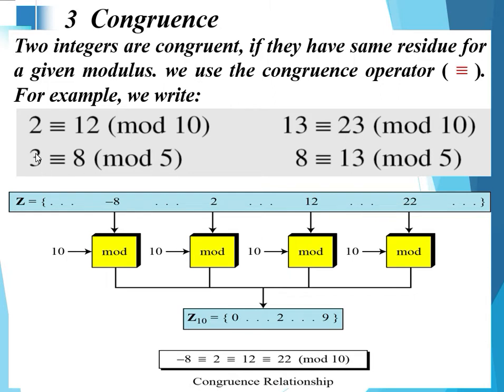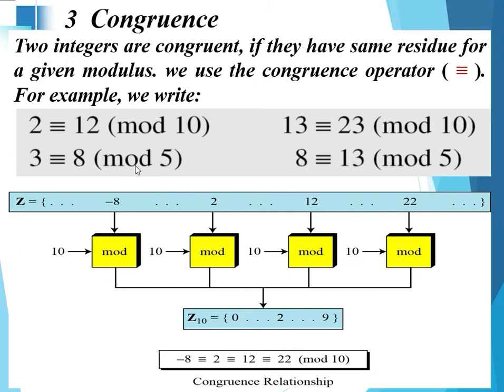Similarly, we will see that 3 is congruent to 8 mod 5. How? If we do 3 mod 5, what is the result?